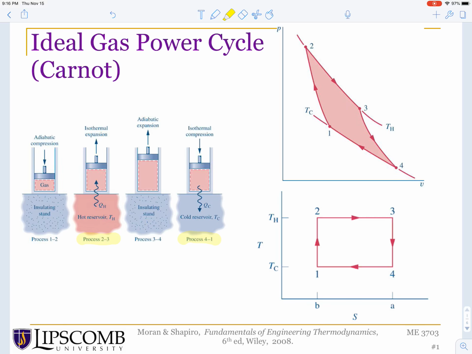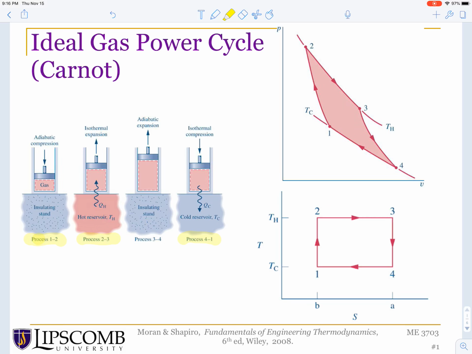Okay, the Carnot cycle has the two constant temperature heat transfer processes. It also has the two isentropic, or adiabatic and reversible, work processes. So that would look like process 1 to 2 being the adiabatic compression, meaning no heat transfer. Reversible, no heat transfer, that means it's constant entropy.